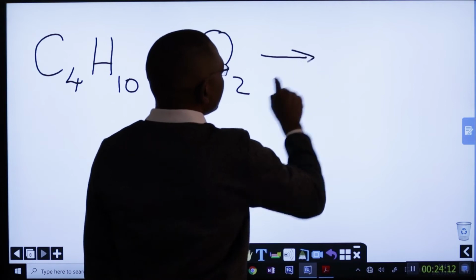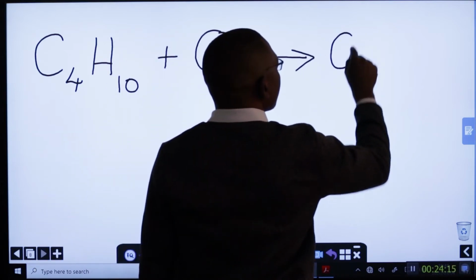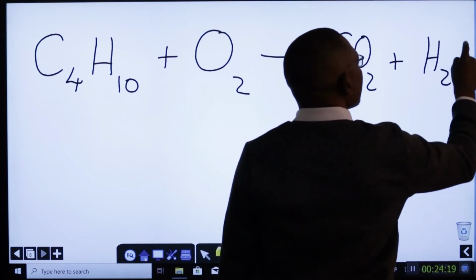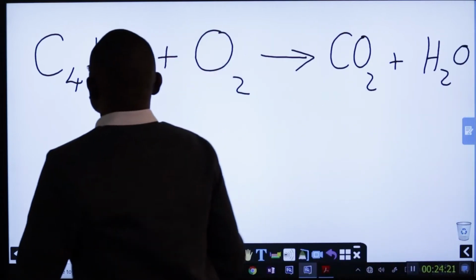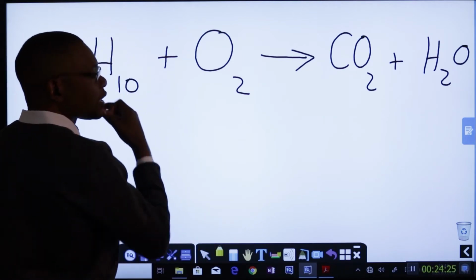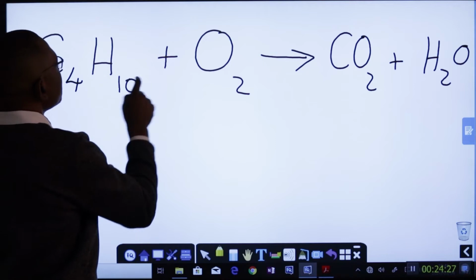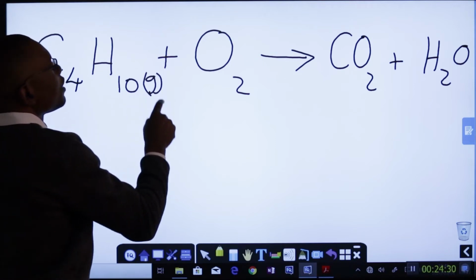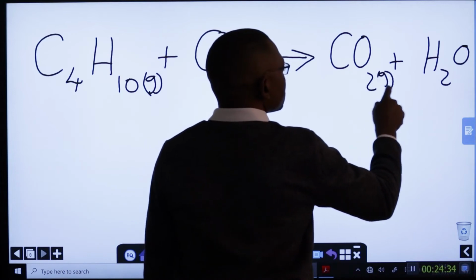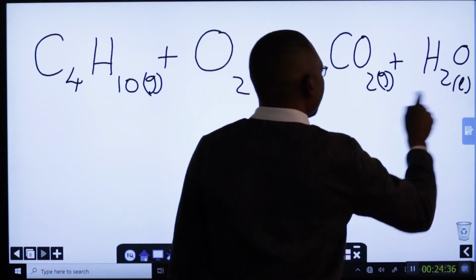And when it is burning, we are going to produce carbon dioxide plus H2O. Okay. So let's assign state symbols, understand that condition. So we are saying this is a gas, this is a gas, carbon dioxide is a gas, and this is going to be a liquid.